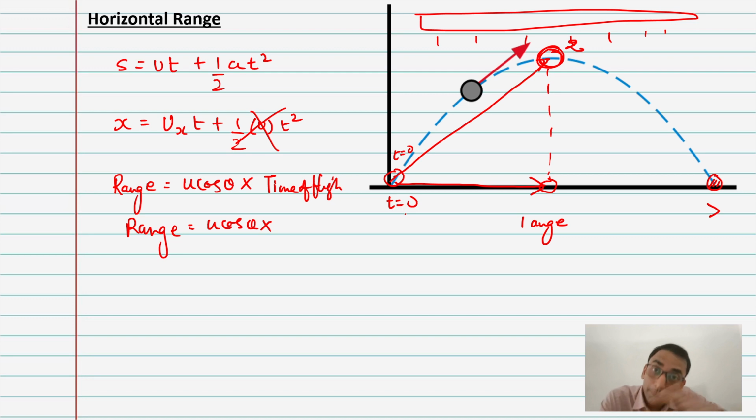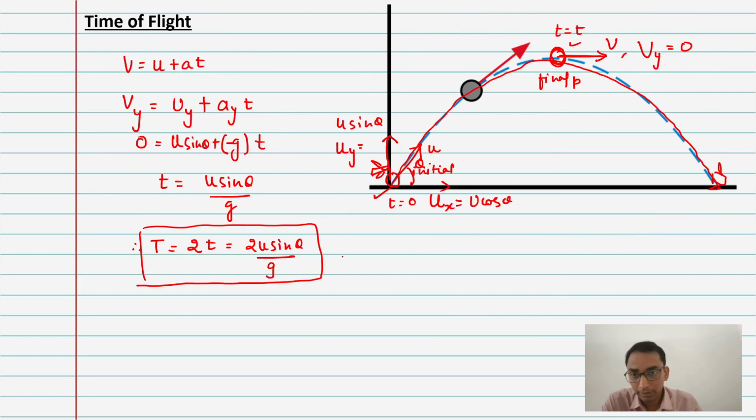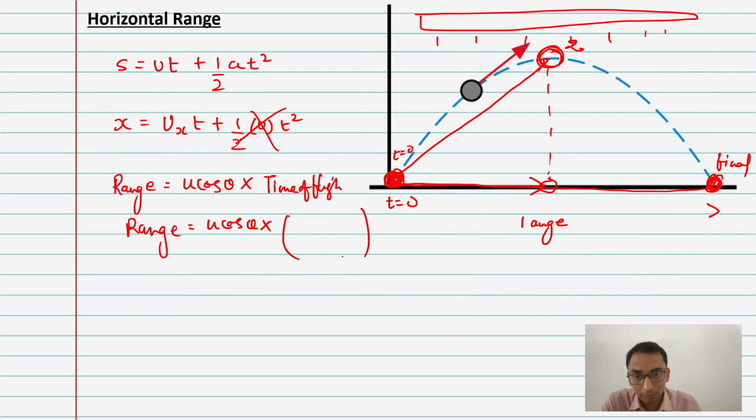So if I want to find the maximum range, this should be the initial position of the ball and this should be the final position of the ball, correct? Which means the x component would be simply equal to the entire time times the x component of the velocity, correct? And time of flight we just now found, 2u sine theta upon g.